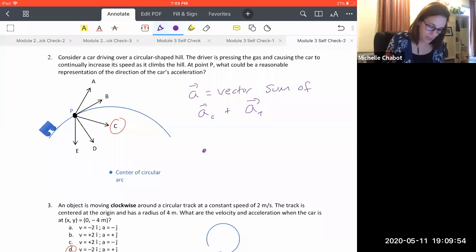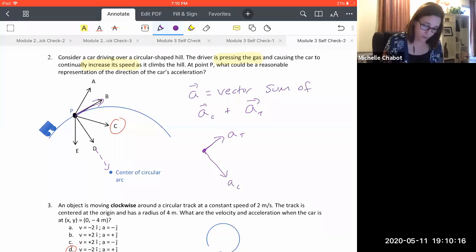At point P, it's speeding up, so it's pressing the gas, and the car is increasing its speed. So there is a tangential acceleration, tangent to the circle, that goes along B, and towards the center of the circle, which is where D points, there's going to be the centripetal acceleration.